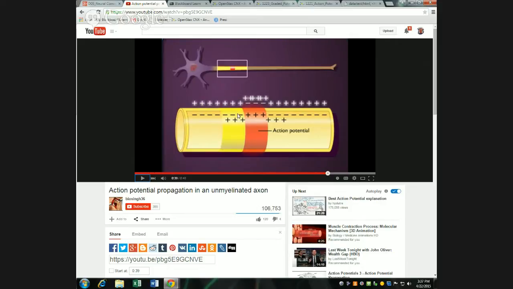So depolarizing is not going to cause another action potential, which is good because we don't want the action potential to go the other way. And then as it moves down further, sodium will still diffuse back to where it just was going through the action potential. But in this part here, we're in the absolute refractory period again, so nothing's going to happen there, and it's only going to move forward.